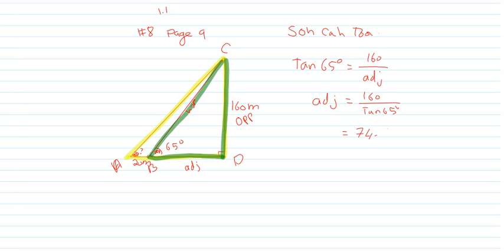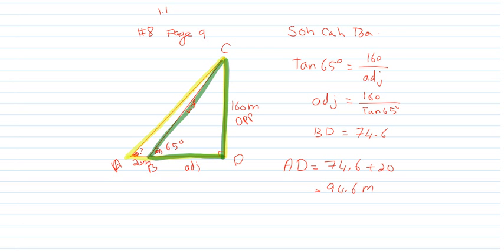So that's going to be side BD. Now I know side BD. I can add 20 to it to find side AD because I know that there is that 20 meter that he walked away. So side AD is 74.6 plus the 20, which is 94.6 meters.